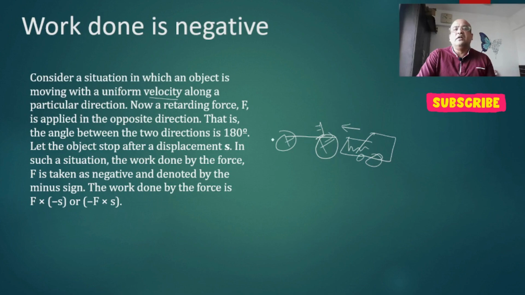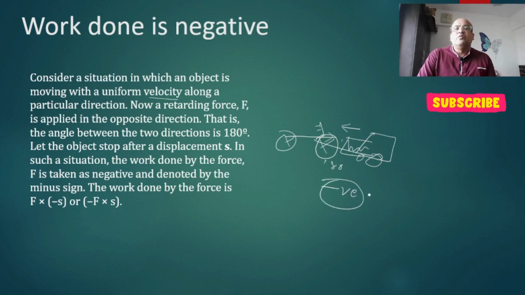The angle between the two directions is 180 degrees. So let the object stop after the displacement. The object will come to rest. In such a situation, what will happen? The work done by the force F is taken as negative, and denoted by a minus sign.